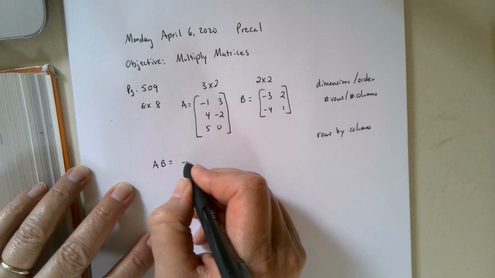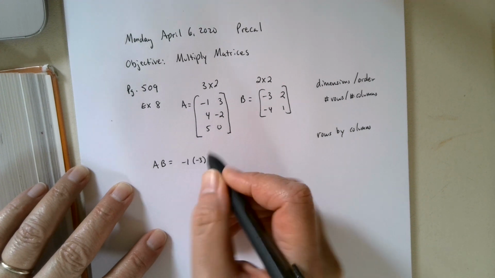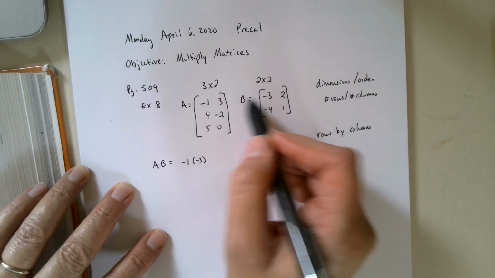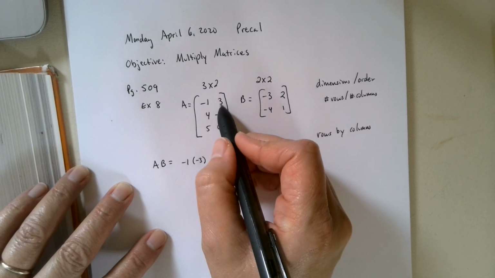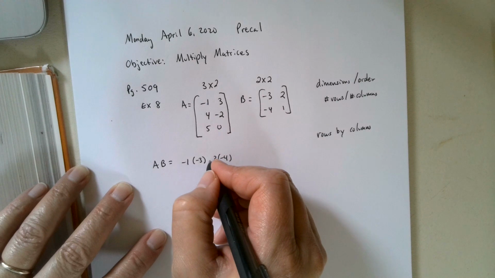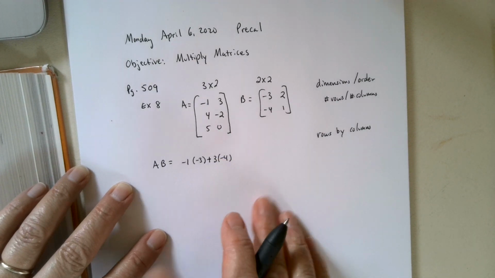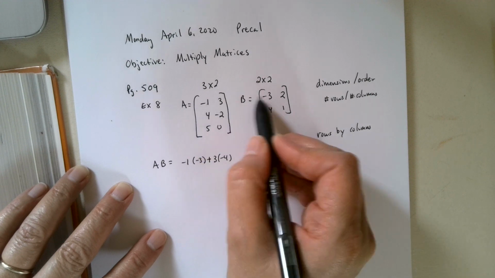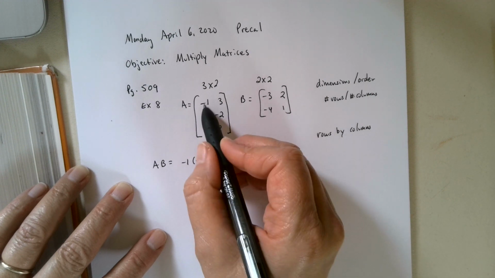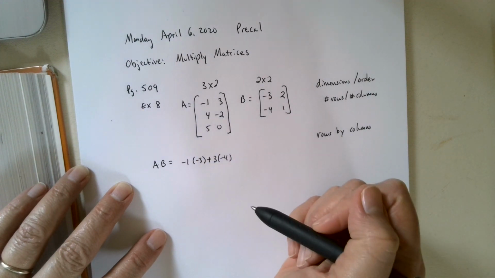So I'm going to take -1 times -3. So first times first, and then we're going to do 3 times -4, second times second. And it said we need to add those products together. So the first row by the first column of B, so -1 times -3, 3 times -4.